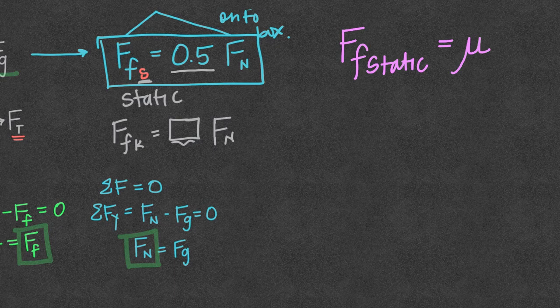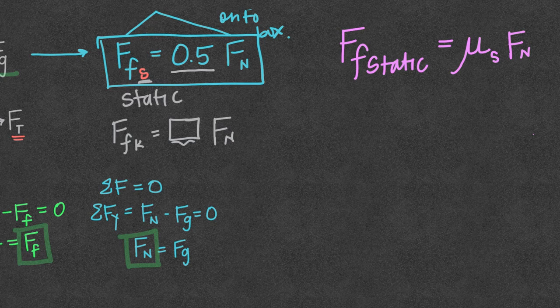I'm saying mu, and if I was drawing on kindergarten paper, I would draw a mu to look like this. So that would be mu static. I'll put a little s here. And then this would be the force normal from the surface onto the object.